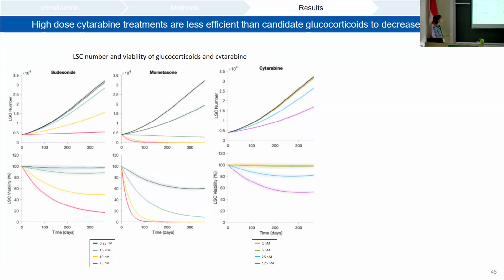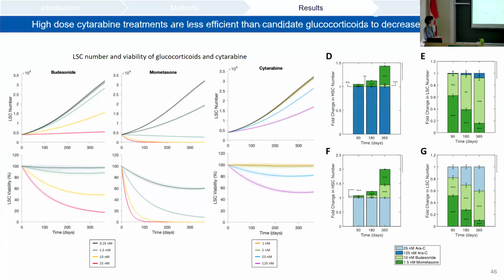So we then compared the efficacy of these two drugs to cytarabine. And here in the graph, what I show is the fold change in HSC number and the fold change of LSC number. We looked at the value of either HSC or LSC at a certain time in the simulation, so 90 days, because it's clinically relevant for measuring relapses in patients with AML.